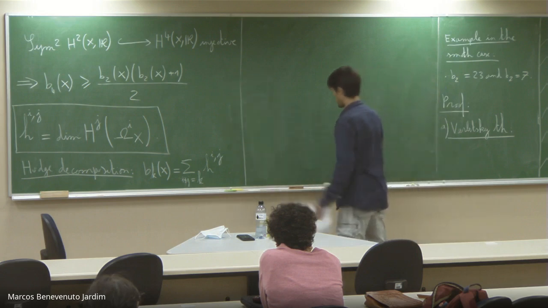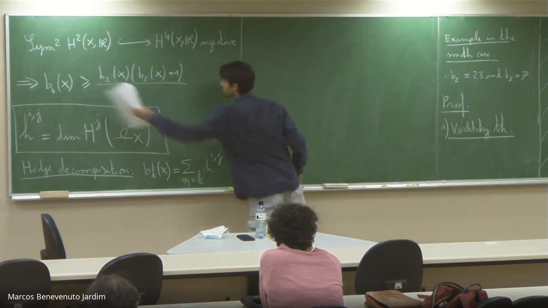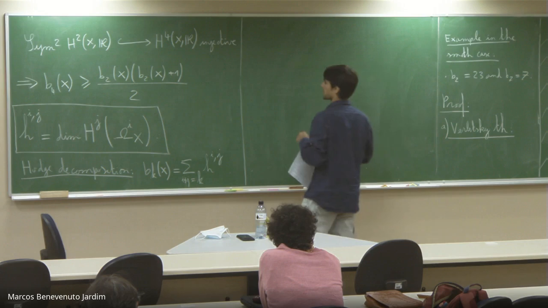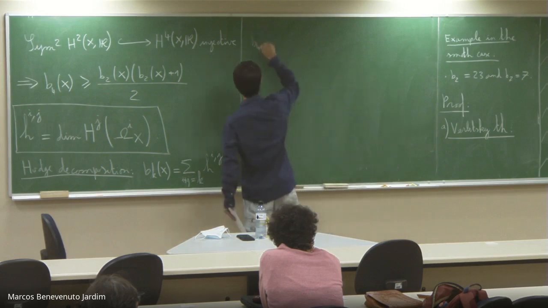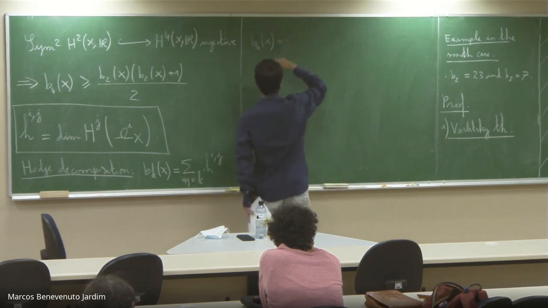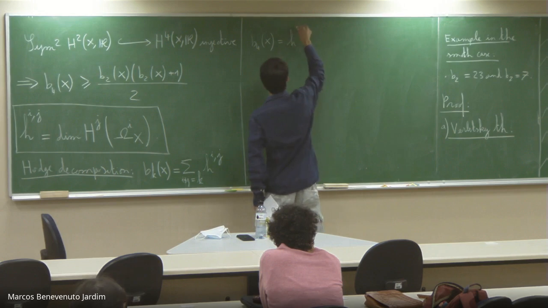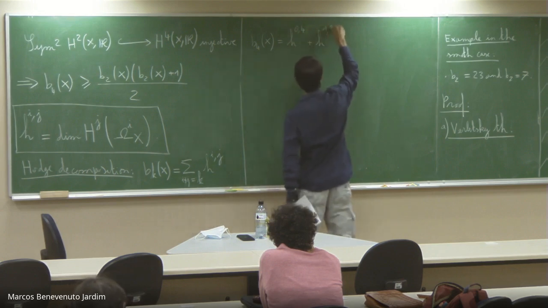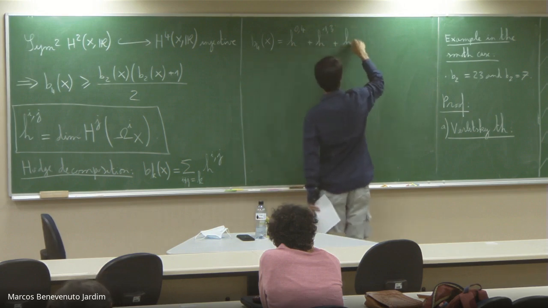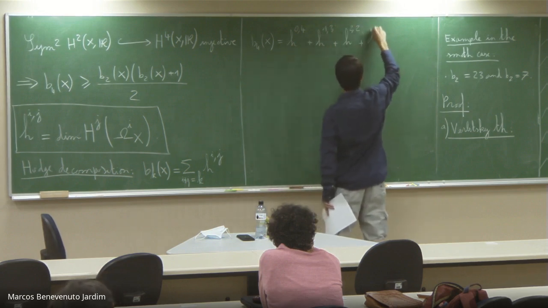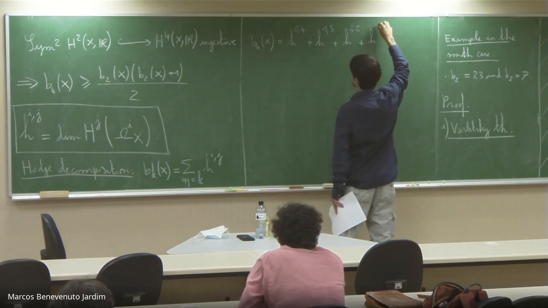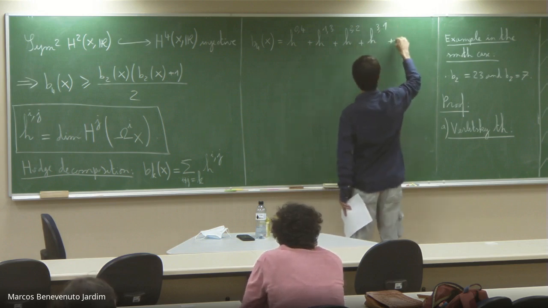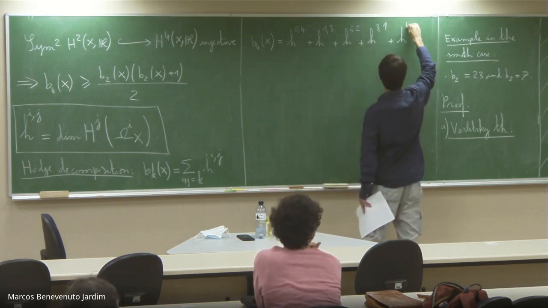We can rewrite this using the Hodge decomposition now. b4 of X will be h04 plus h13 plus h22 plus h31 plus h40.